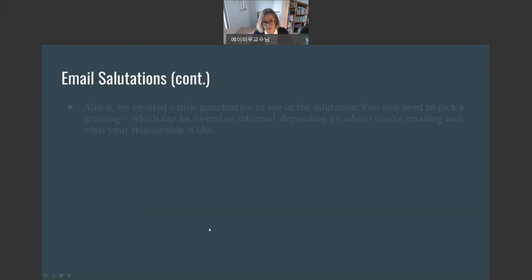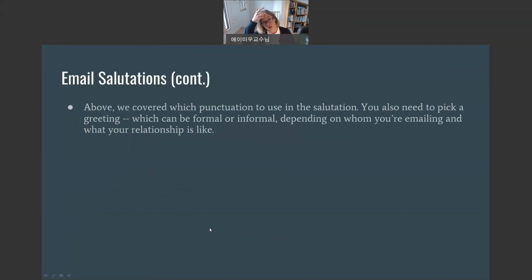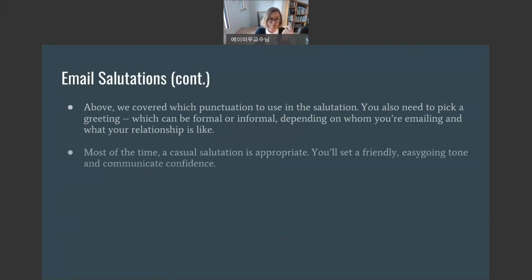Okay, continuing with the salutations. Above we covered which punctuation to use in the salutation. You also need to pick a greeting, which can be formal or informal, depending on whom you're emailing and what your relationship is like. So we just did punctuation. Now we have to choose the actual salutation, the greeting. Most of the time, a casual salutation is appropriate.